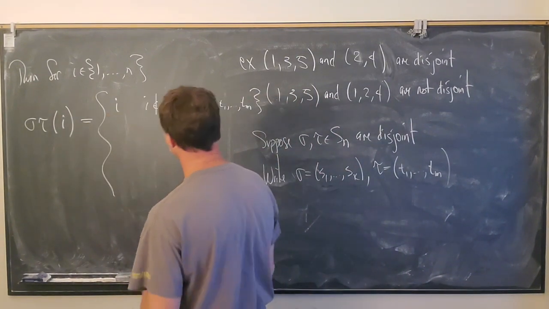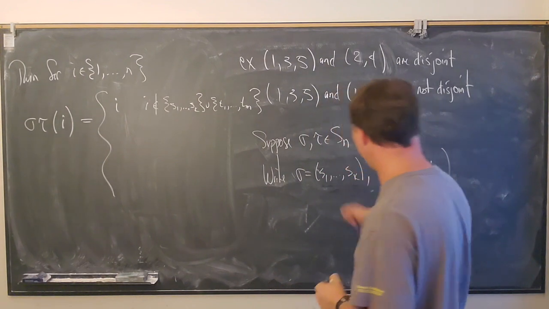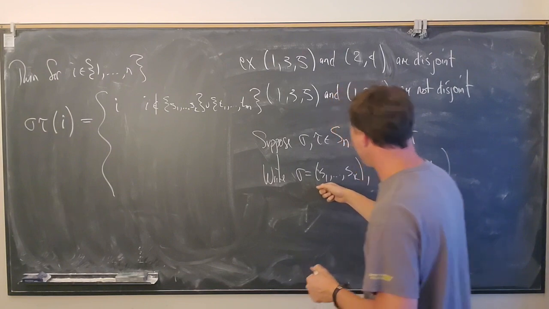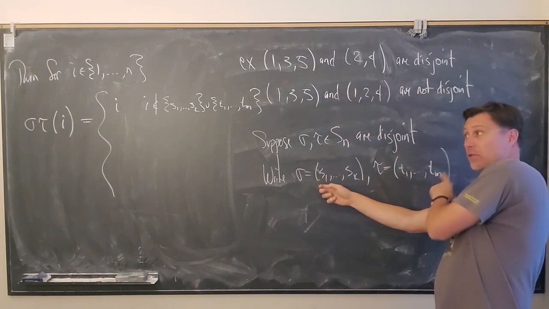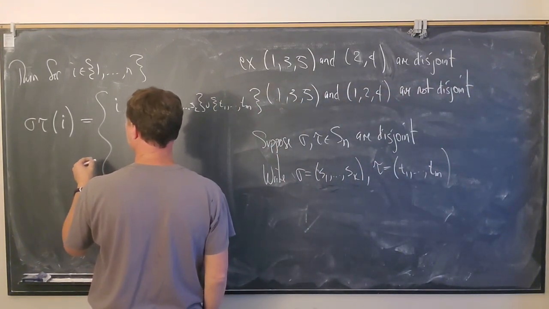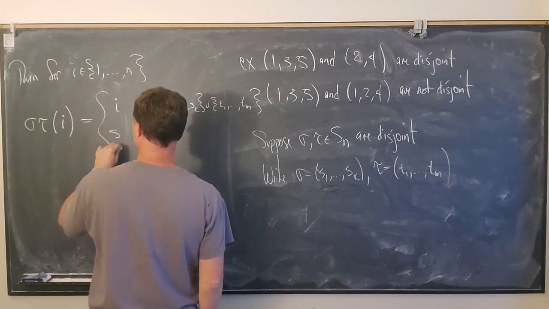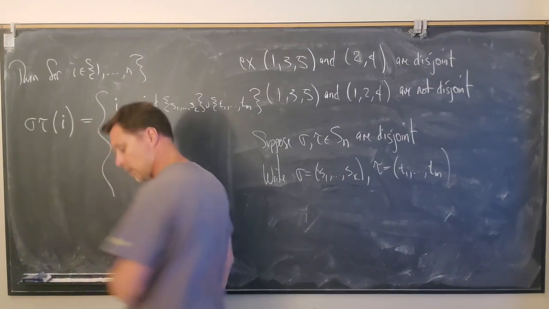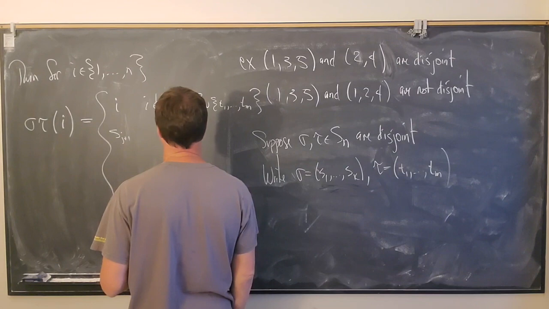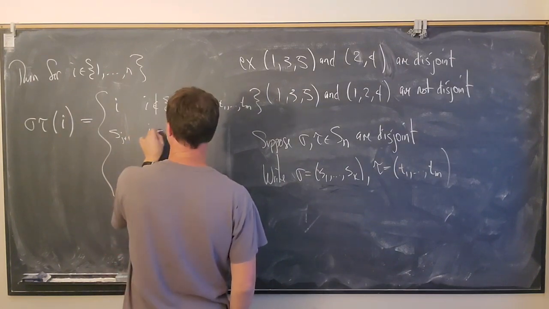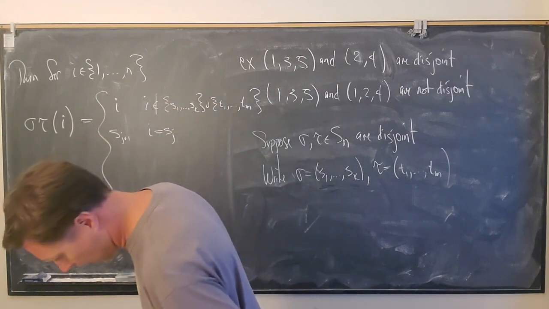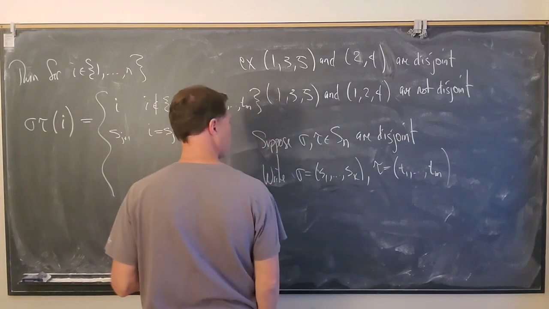If I is one of these numbers, then we know that I does not appear in this list right here. So if I happens to be one of the S's, say I is equal to S sub J, then what we'll get is S sub J plus 1, as long as J is strictly less than k.